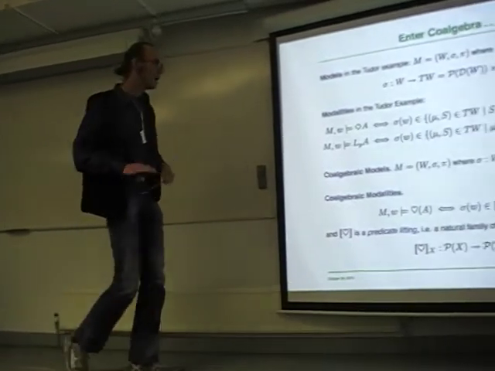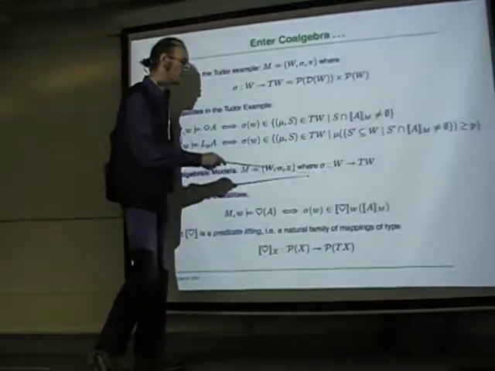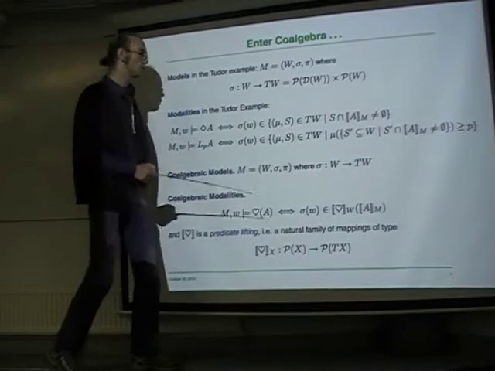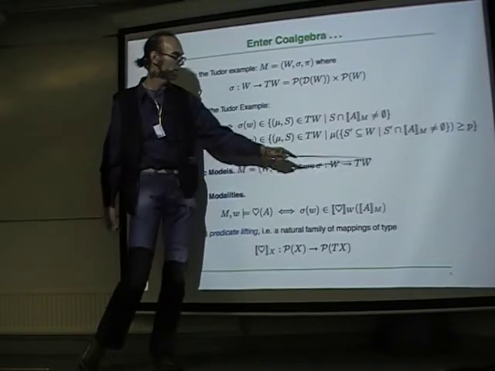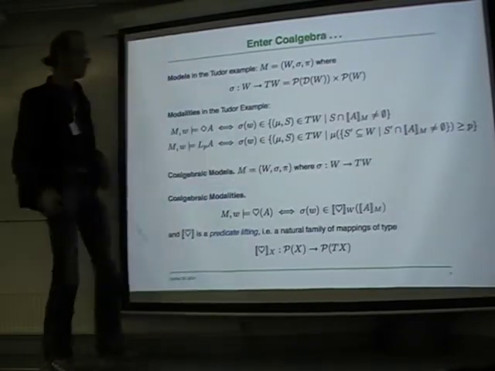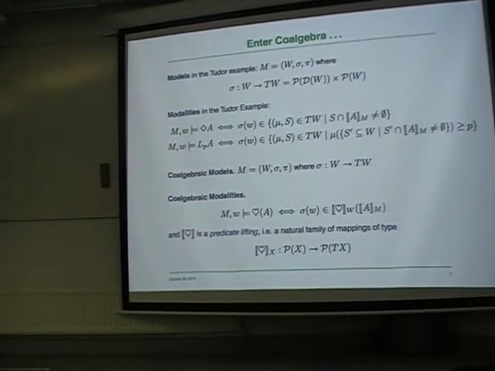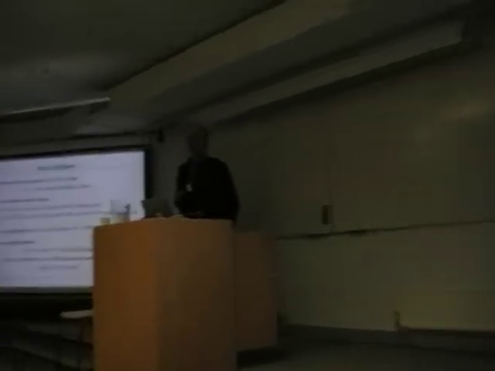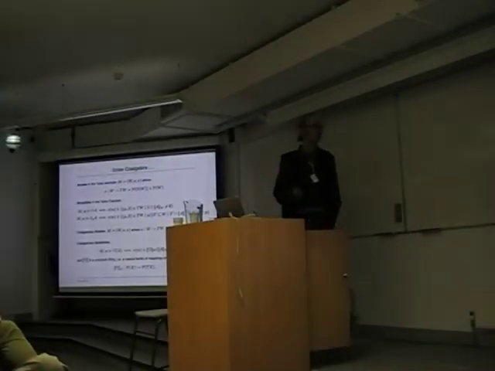So I want to generalize these models to coalgebras, where I have a set of structured successors. So I take a functor. What I'm saying here is essentially you can think of things happening in Set. You can also think about other categories.